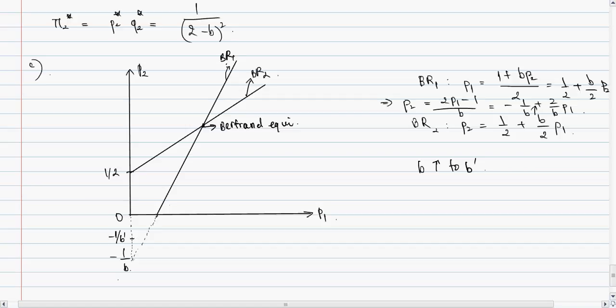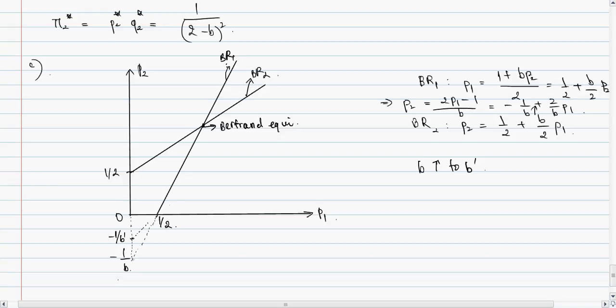Now it's still going through the horizontal intercept here. The horizontal intercept is where you make P2 equal to 0. If you make P2 equal to 0, you can see that P1 is always equal to a half, no matter what the values of B are. So even though B increases, the horizontal intercept won't change for the best response function of firm 1.